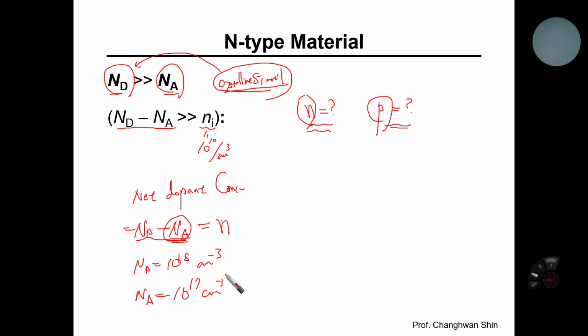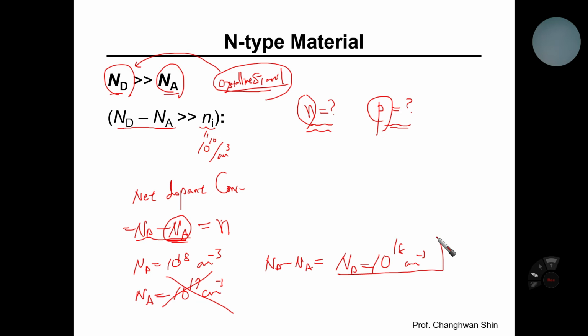And in this case, we are engineers, right? So ignore this small number because it is 1/10 of the donor concentration. 10 to the 17 is 1/10 of the donor concentration, so that Nd minus Na in this case is simply Nd, which is 10 to the 18 per cubic centimeter.